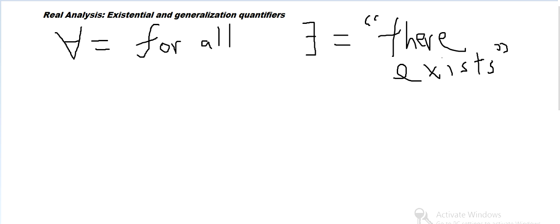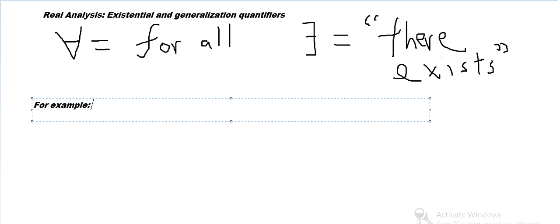So we've got this upside down A, which is for all, and then this backwards E for there exists. So let's do an example problem of how this notation can help.